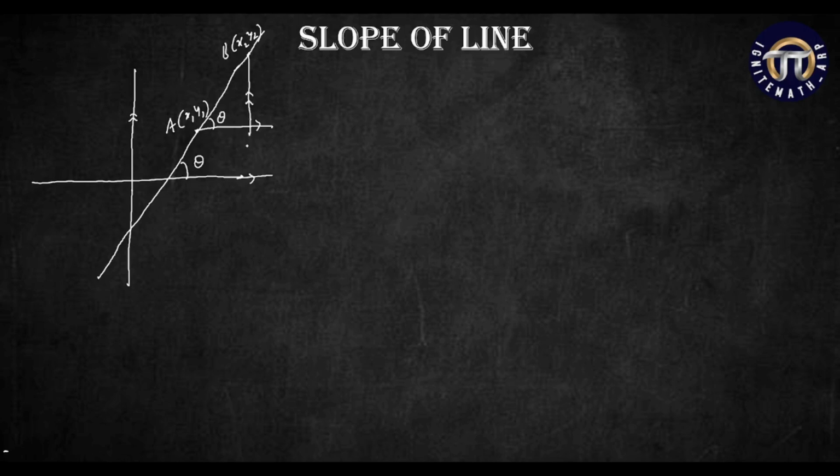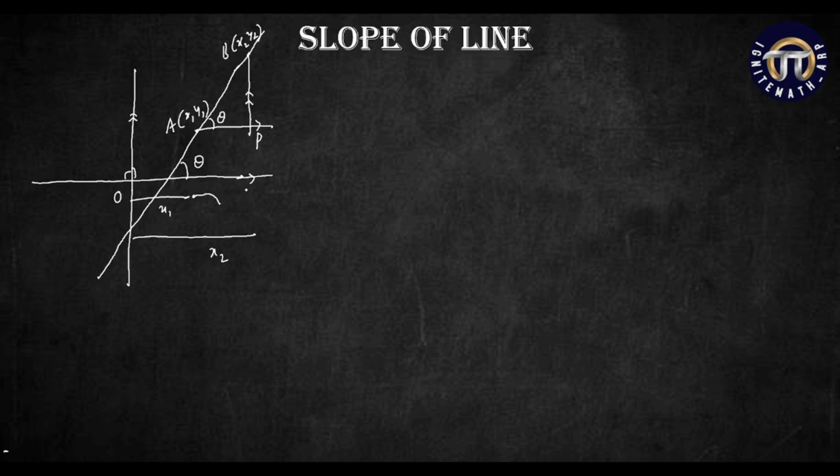Now can you please tell me what is going to be the length of AP? Here this is the origin. So I know that OP is x2 and OA, OA is how much, children? From here to here it is x1.